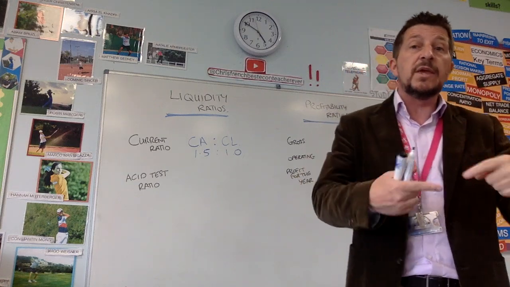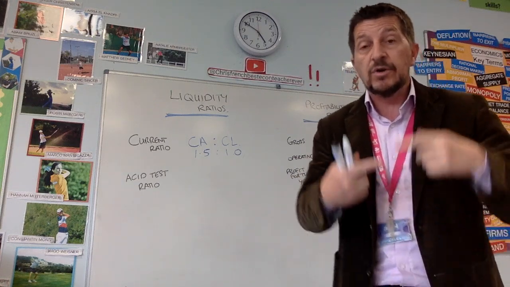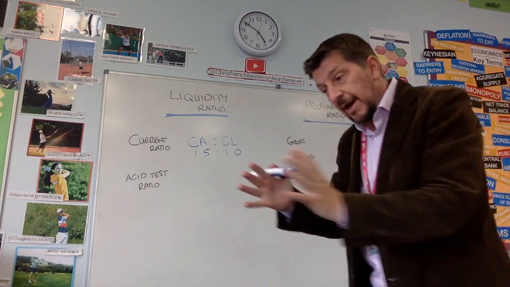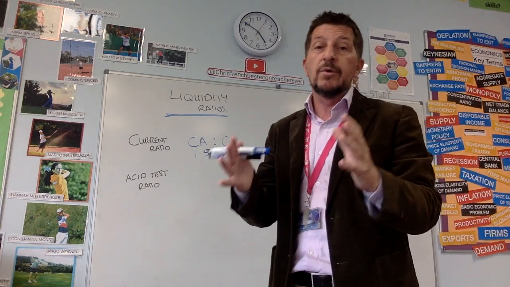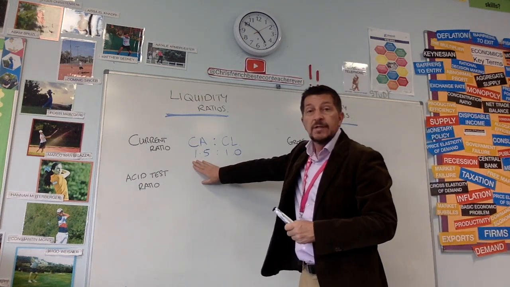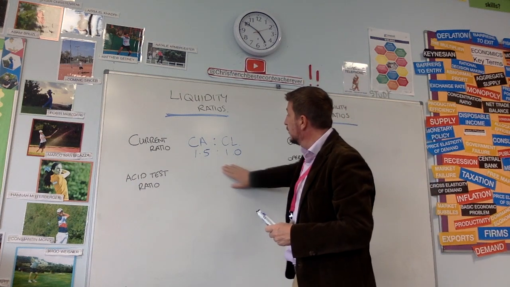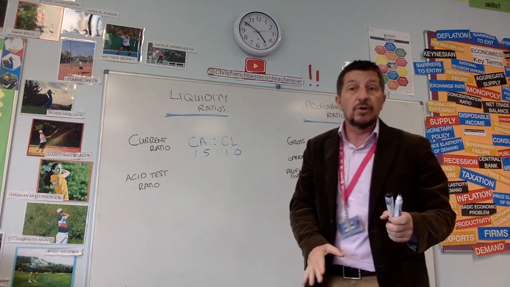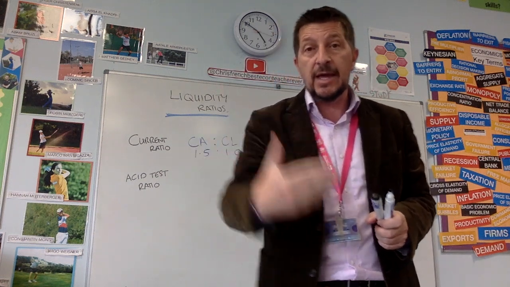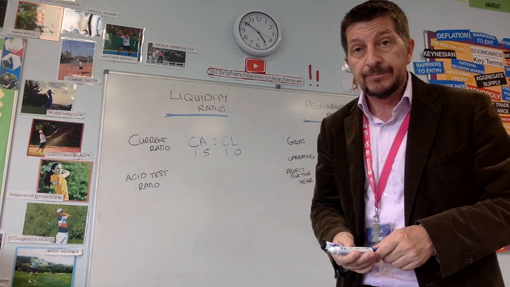We are going to be liquid. We are going to be fluid. We have cash flow. We have working capital in the business that will allow us to pay our short-term debts. On the surface, it doesn't look like this business has any issues in terms of cash flow, too much debt or anything like that. It can pay its debts in the short term.